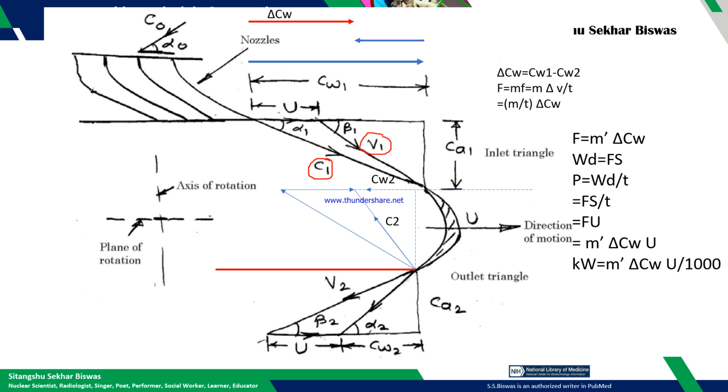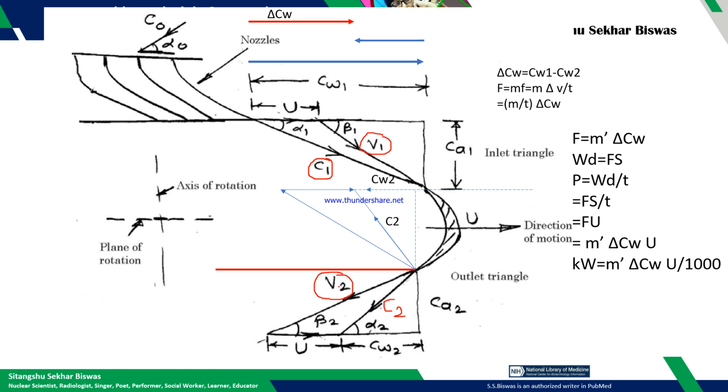And similarly, this V2 is the relative velocity of the steam while it is exiting from the moving blade, and this C2 is the absolute velocity of the steam at the exit.